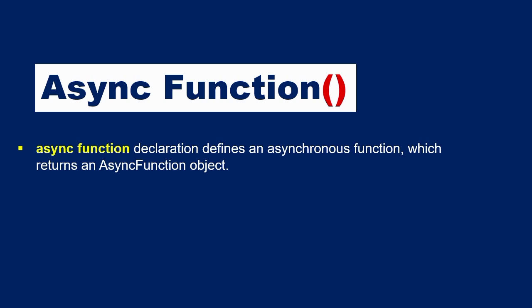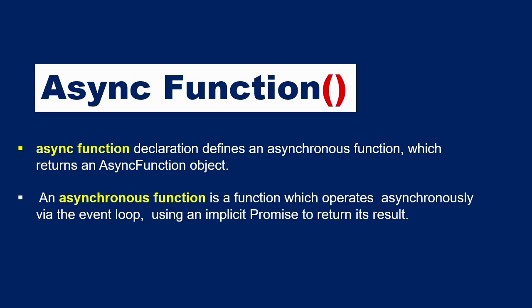So what is an asynchronous function? An asynchronous function basically is a function which operates asynchronously via the event loop, using an implicit promise to return its result. So what is a promise?